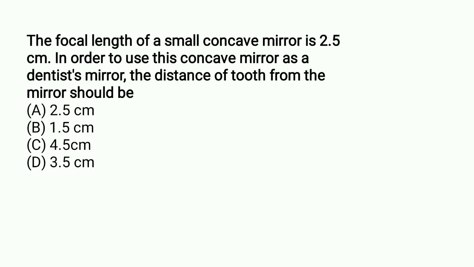Next question. The focal length of a small concave mirror is 2.5 centimeter. In order to use this concave mirror as a dentist mirror, the distance of the tooth from the mirror should be? So in order to simplify this one, I will draw a diagram.